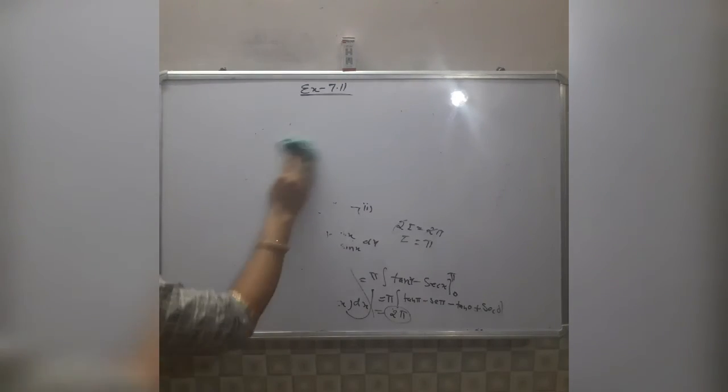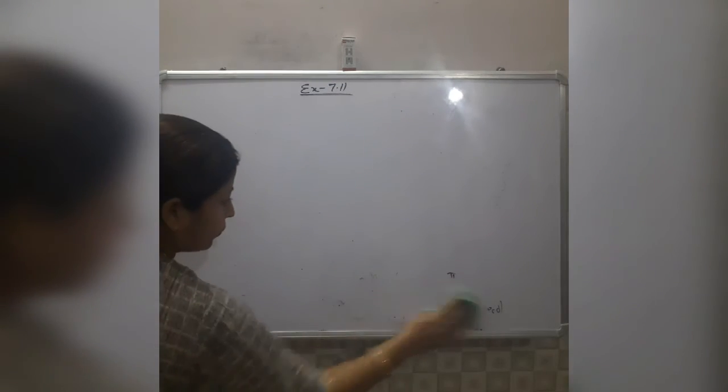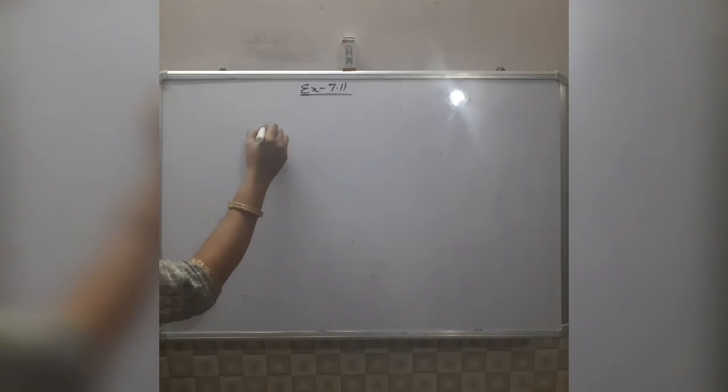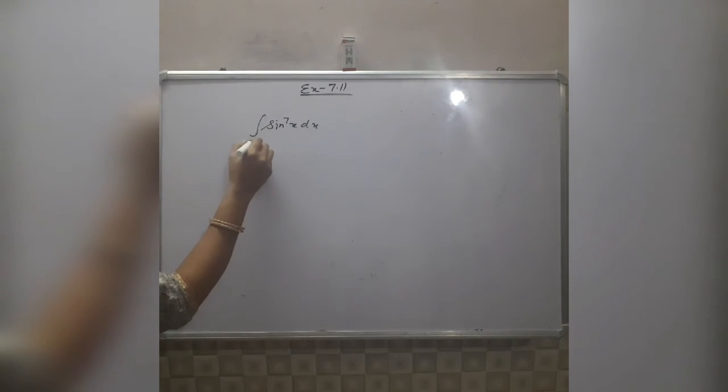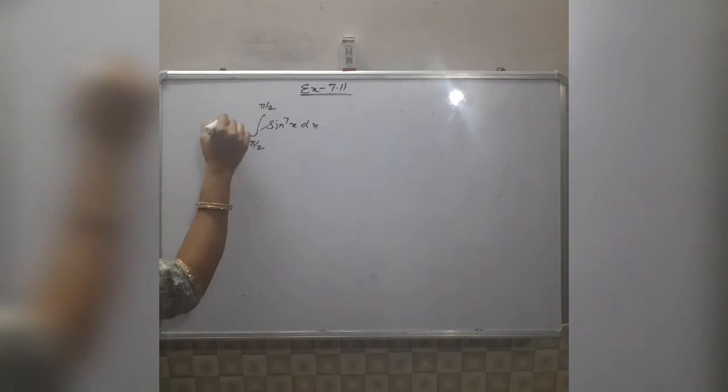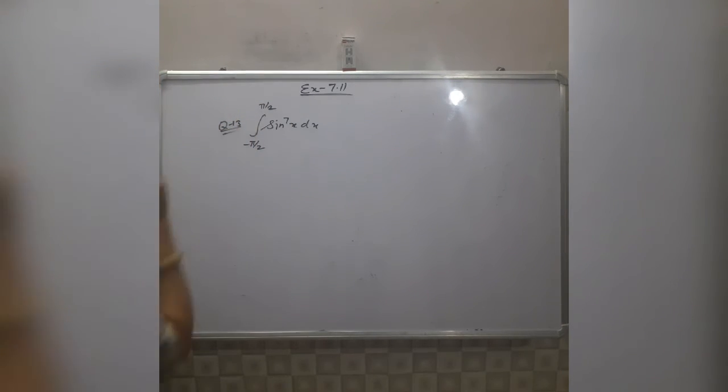Now next question 13. In 13th question, find the integration of sine raised to power 7 x dx, limits from minus pi by 2 to plus pi by 2. This sum is very simple.